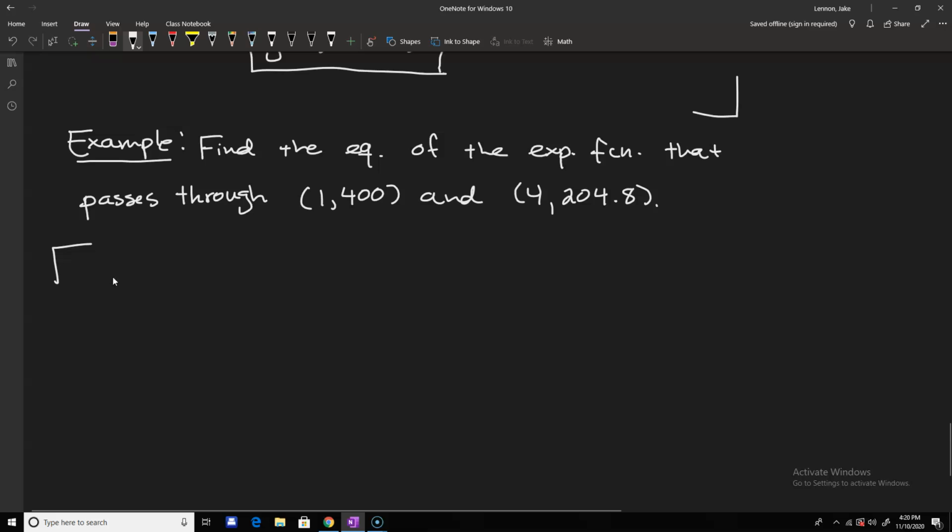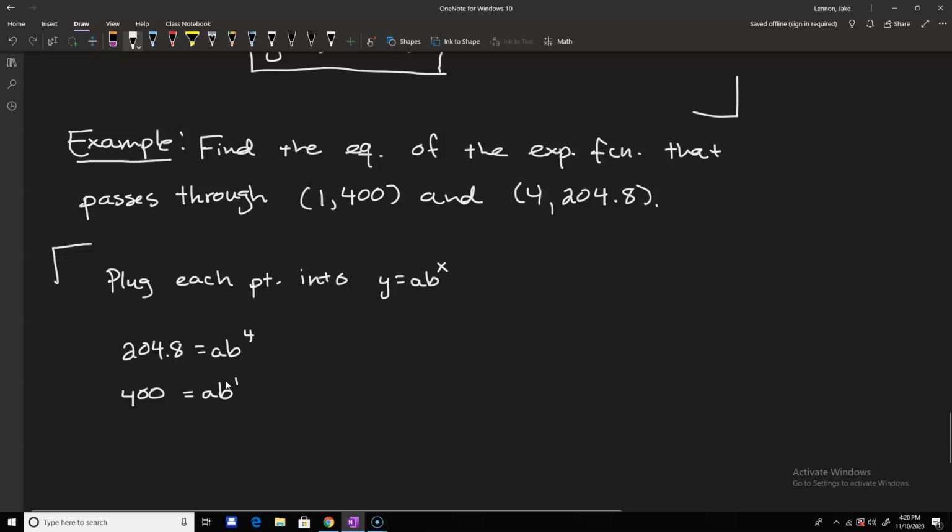So for this one, we don't have the y-intercept. So the way I like to do it is plug each point into the formula that we have, y equals ab to the x. So we get 204.8 equals ab to the fourth, and 400 equals ab to the first.